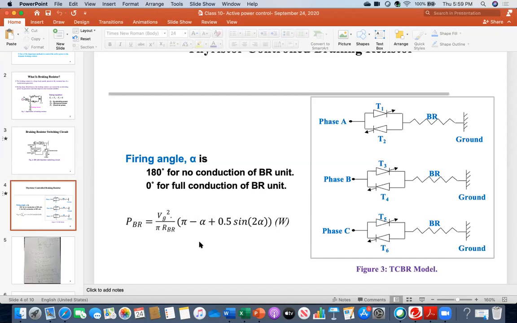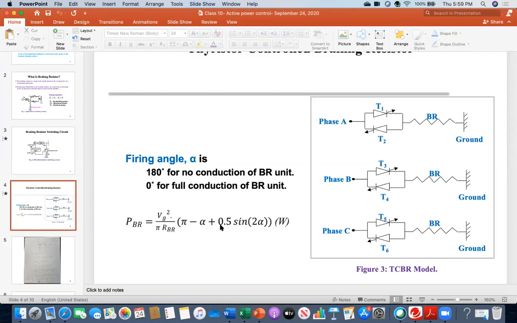So ultimately the P_BR will be 0. On the other hand, look at 0 degree. The sine portion will be 0, but alpha is 0, so you are getting pi. You see, pi cancels. Your P_BR value is Vg squared over R_BR, which ideally is like V squared over R. So that is the maximum consumption.